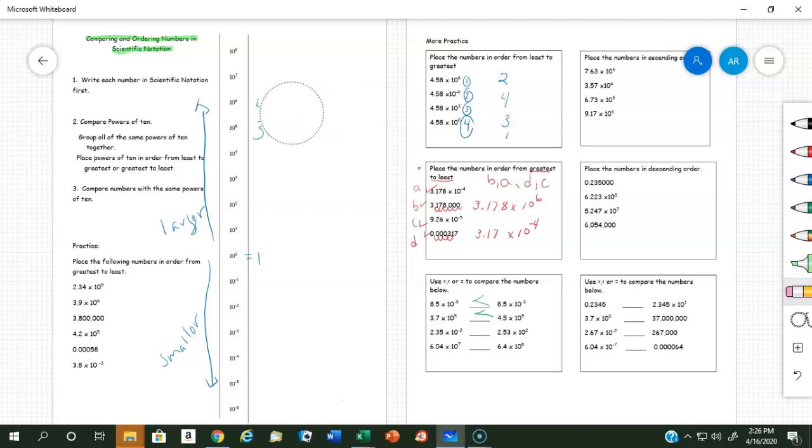So again, I'm going to go ahead and erase that and look at the next set. And so here I have 2.35 times 10 to the negative 2, so that's here. 2.35 times 10 to the negative 2, so that's that first one. And then I have 2.53 times 10 to the second power.